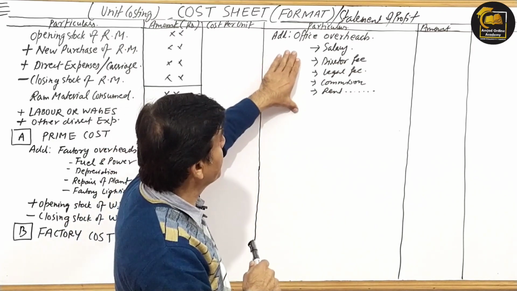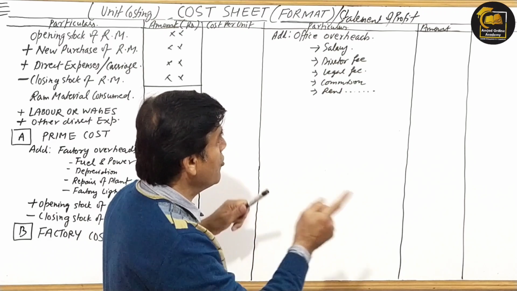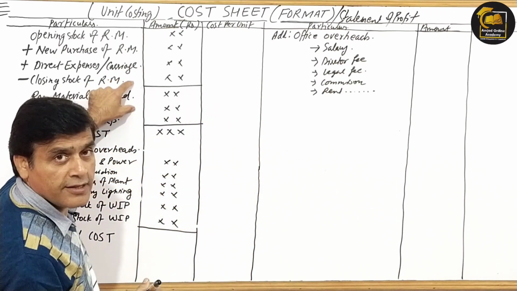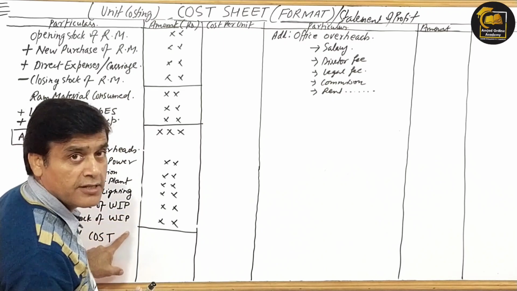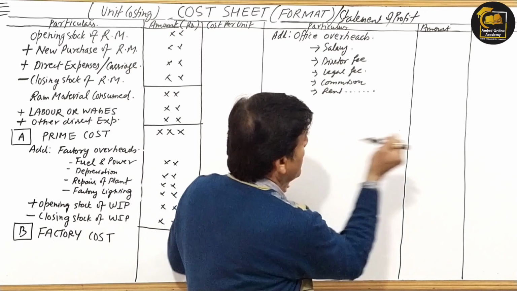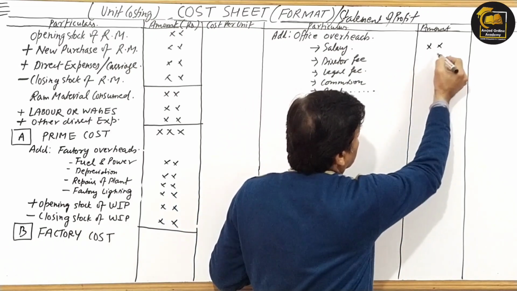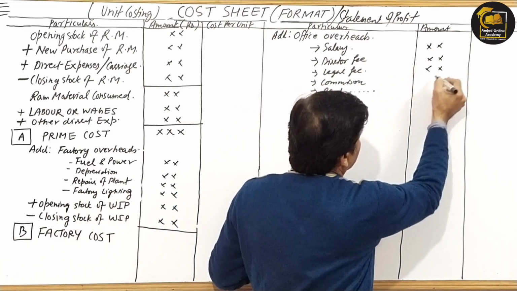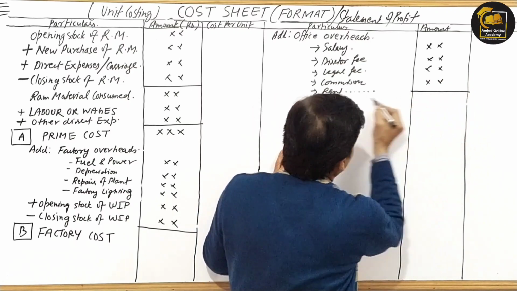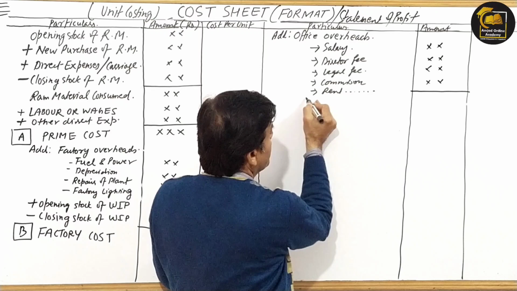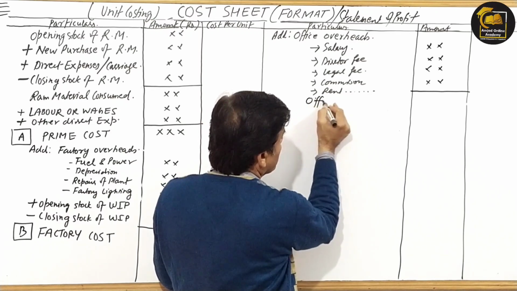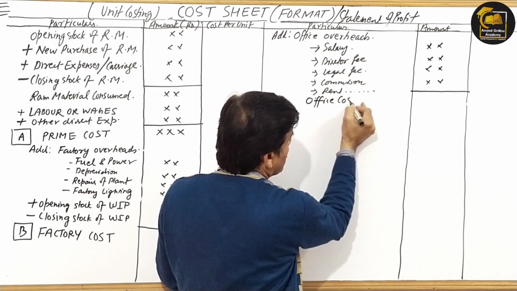So after adding, look here, now it is the time to adjust the finished goods. Look, raw material you have adjusted in the prime cost, work in progress you have to adjust here, right? Up till now, once you have added it here, whatever comes up to here, you will name it office cost.